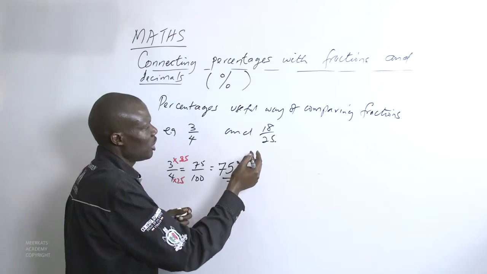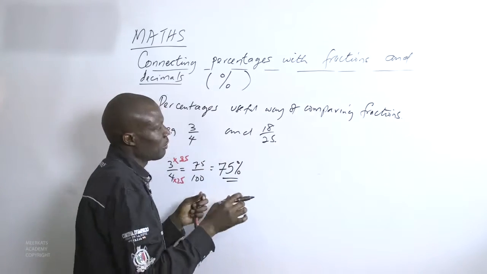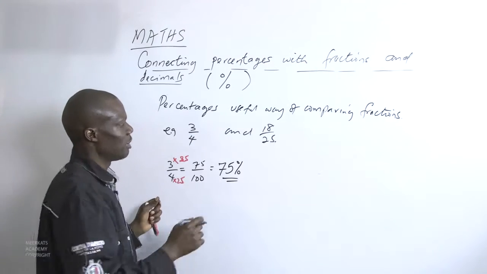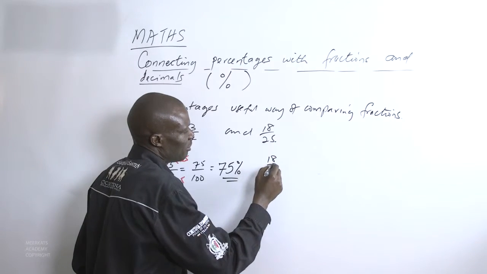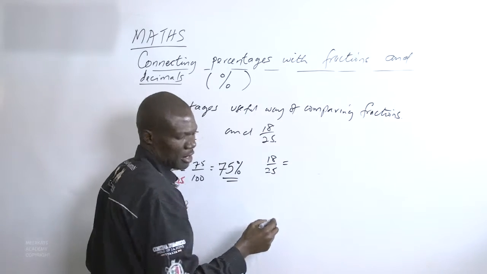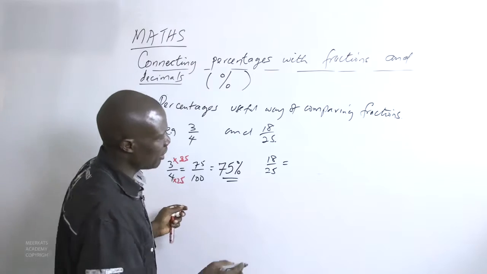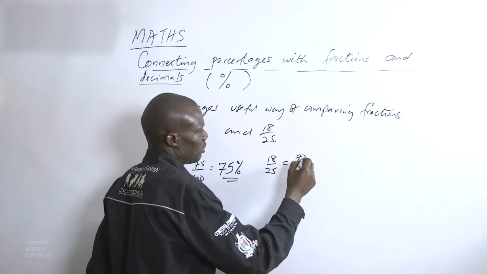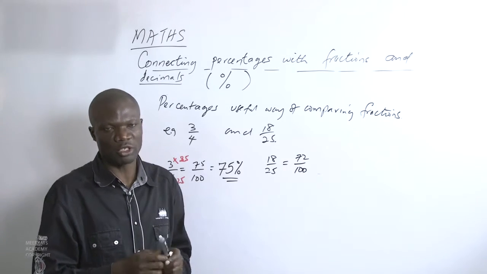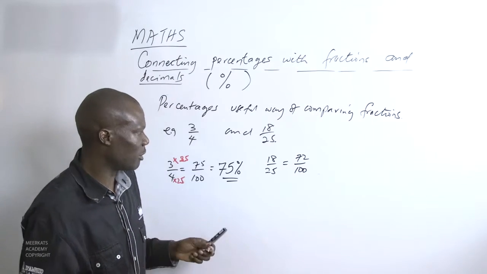The second fraction here, we want an equivalent fraction of 18 over 25. You'll find that this fraction is the same as 72 over 100. What has happened for us to attain the equivalent fraction?